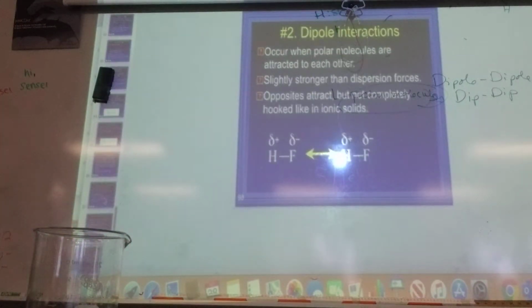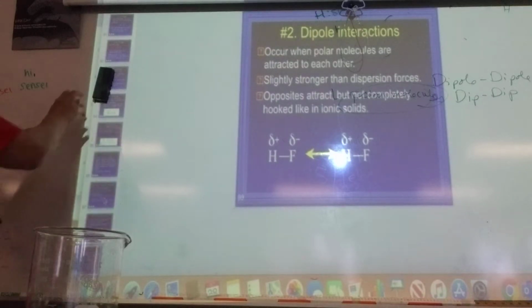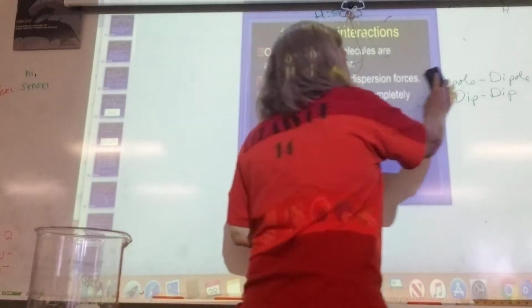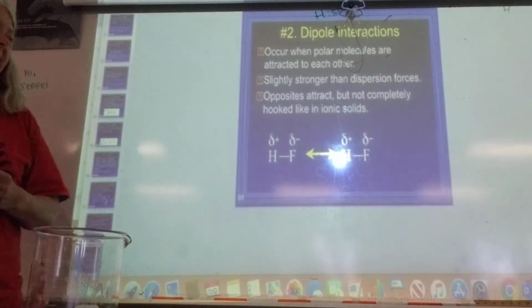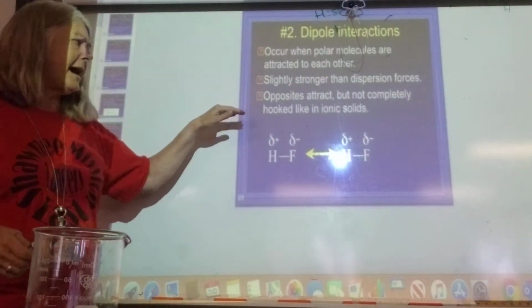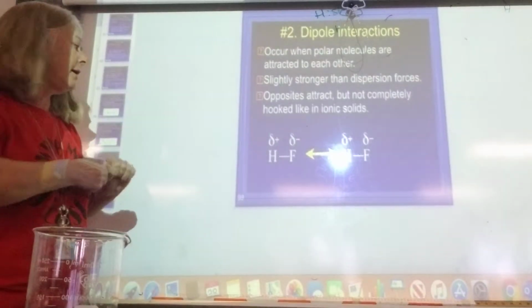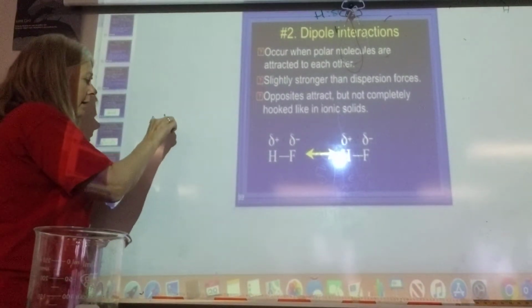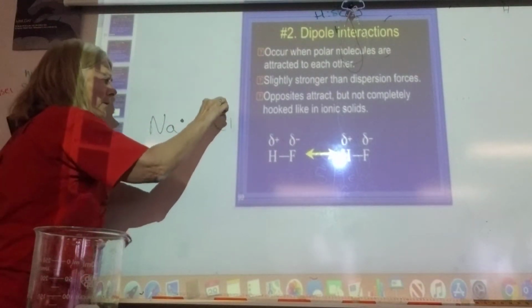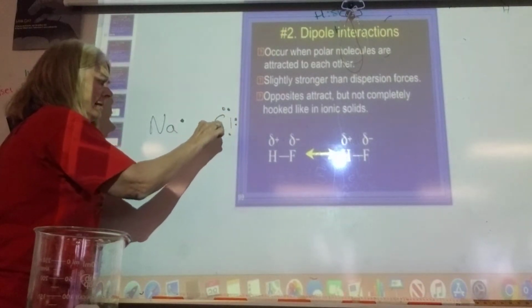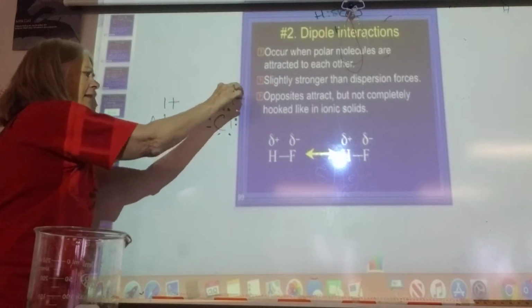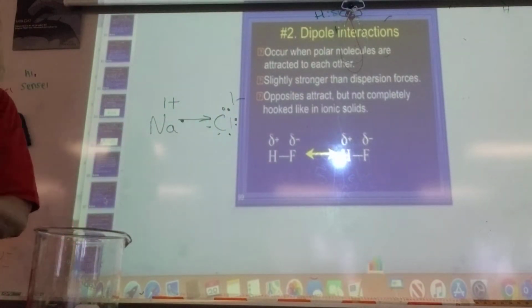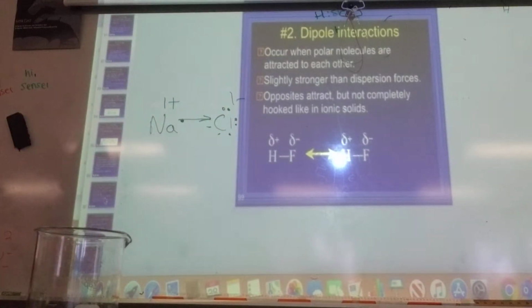That said, then I'm going to give you a special deal. Dipole interactions are based on the concept that opposites attract. Now, in an ionic compound like this, I have a big transfer. This ends up with a 1 plus, this ends up with a 1 minus, and those are very, very strongly attracted.